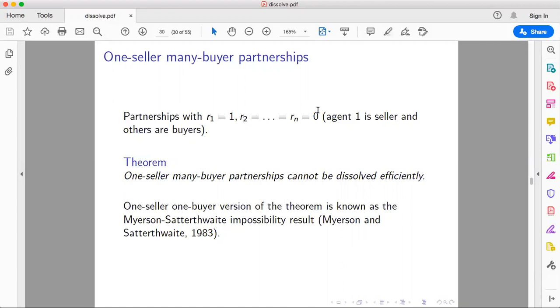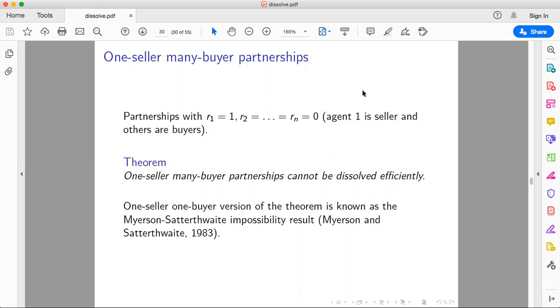Now they want to dissolve that partnership between themselves. There is no third party which can put money into the system or take away money. If they conduct a Vickrey auction between them, it will generate some money and somebody can take it away. Those kinds of things are not allowed in this model.